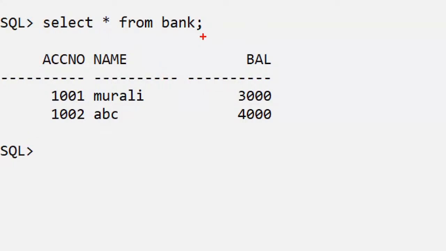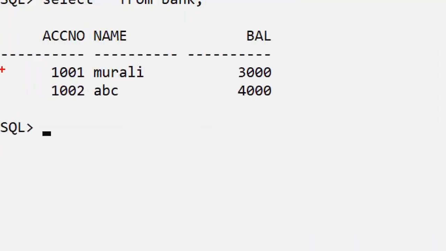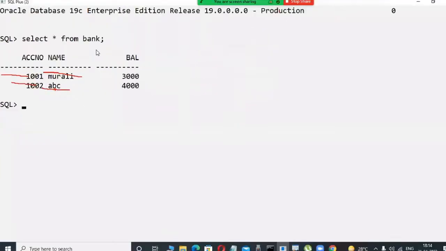Suppose this is in a bank, for example, SBI bank. In this bank, this is the data. Observe here, these are columns: account number, name, and balance. These are called columns. Here these are 1001 and so on. These are called rows or data.